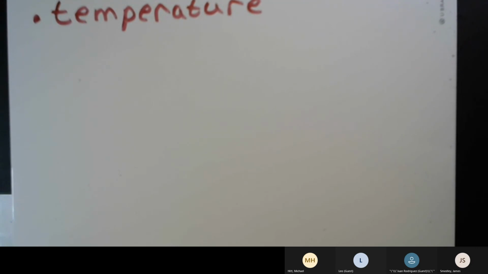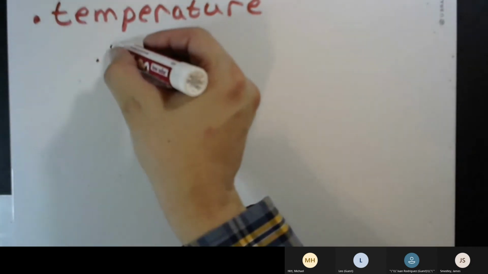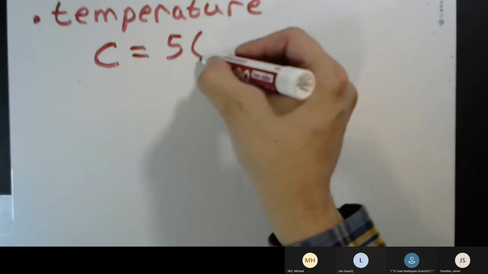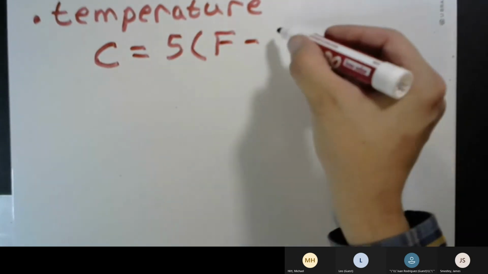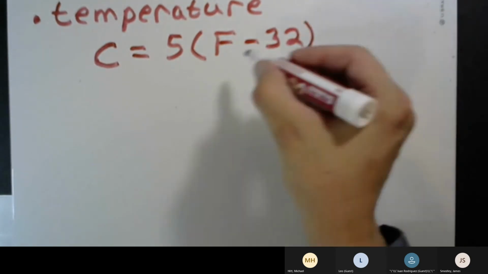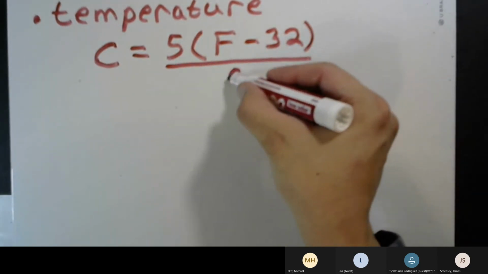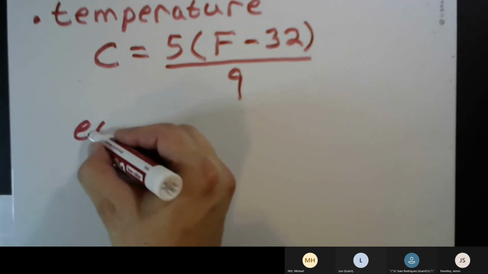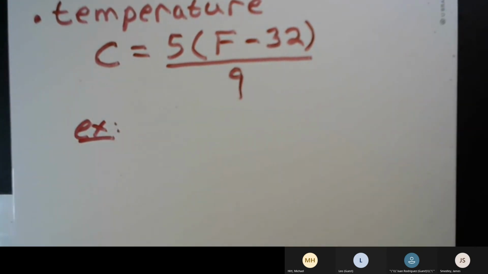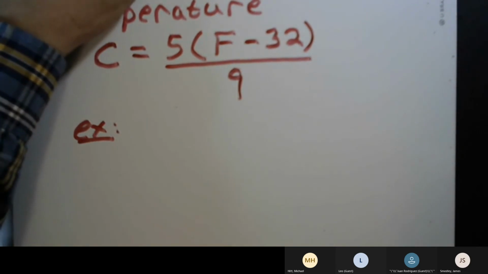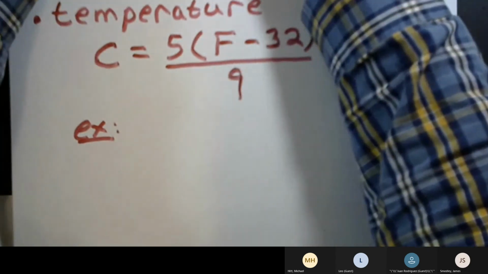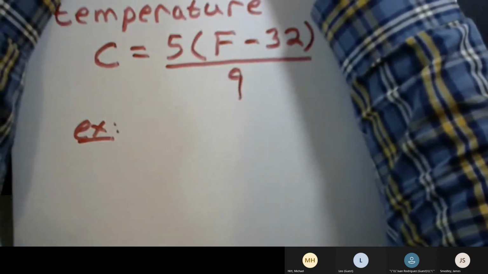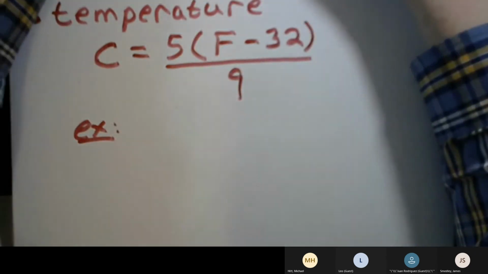But I also showed you there's a way you can use a formula too. So degrees Celsius, if you know the degrees Fahrenheit, you can use this formula to convert it to Celsius. So let me do a little research here. So let's look at the temperature in Roswell.